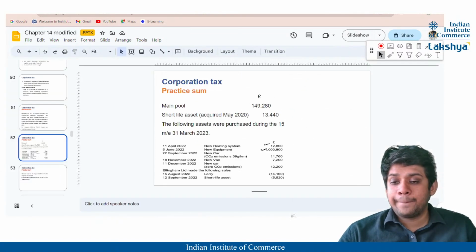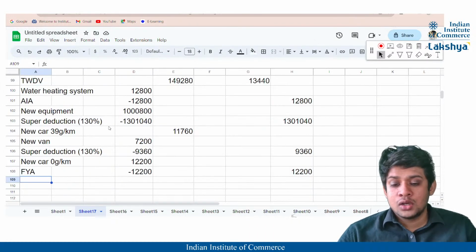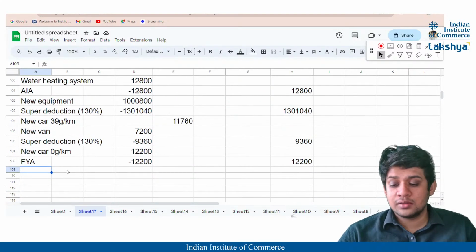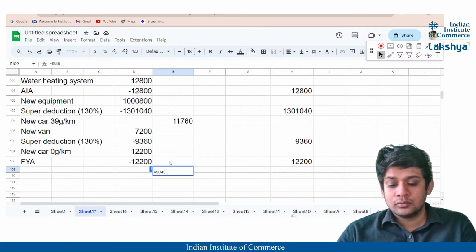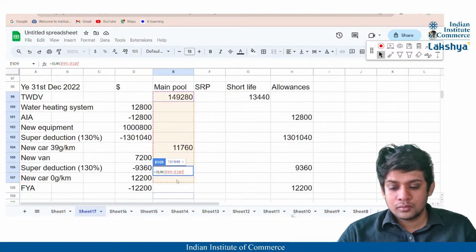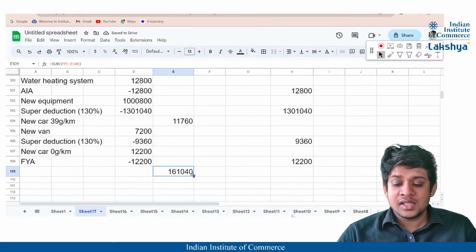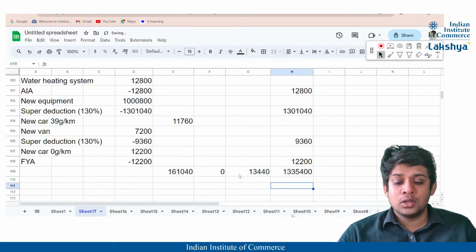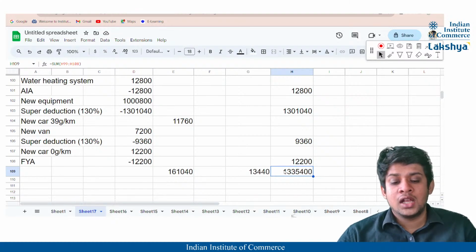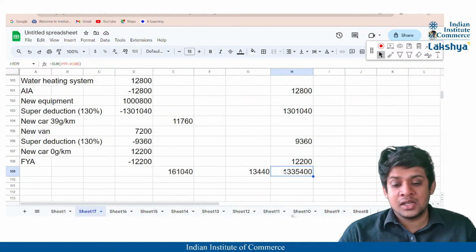Right? Lastly, I have the sale of certain assets. So firstly, I'll just do the total of all of this. So it is 161,040 in the main pool, 13,440 in the short life asset pool, and the total allowances that have been taken to date is 1.3 million something.